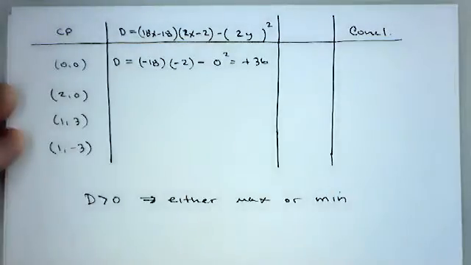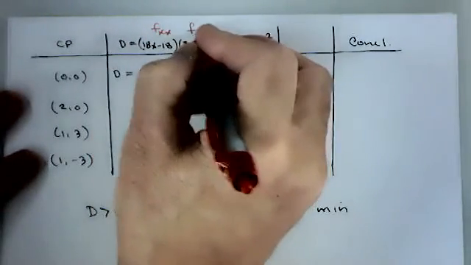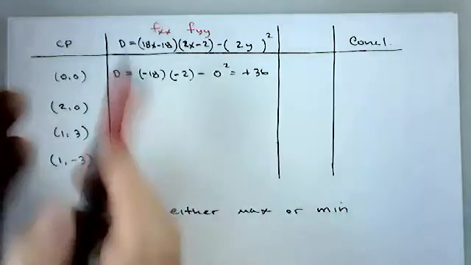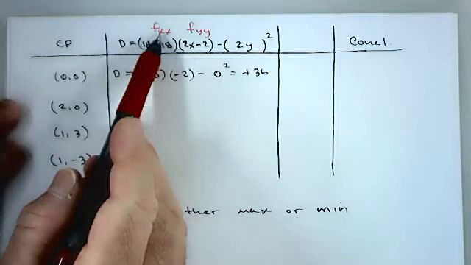Let me rewrite it here. Remember, this represents f sub xx. This is f sub yy. We talked about those when we did partial derivatives. That's measuring the concavity, right?